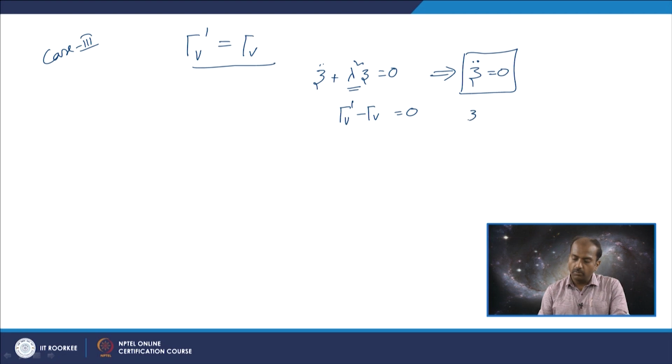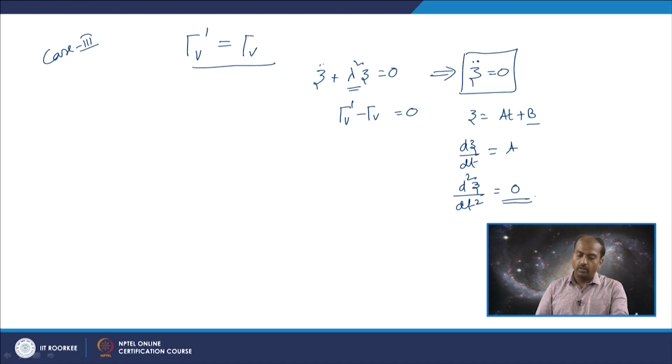I'll simply take Z equals At plus B. This B is anyway irrelevant, right. The first derivative dz by dt is A, and the second derivative d square z by dt square is 0, right. So this simple solution does satisfy the differential equation.